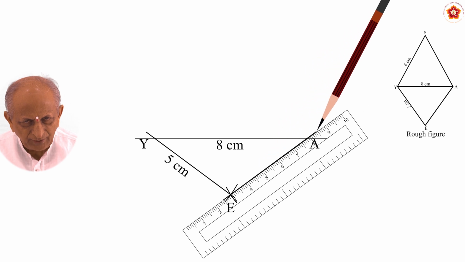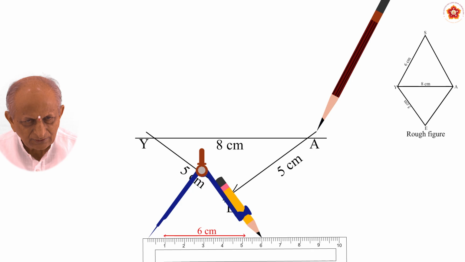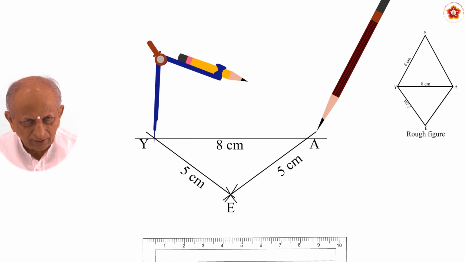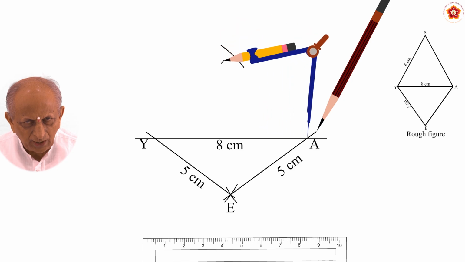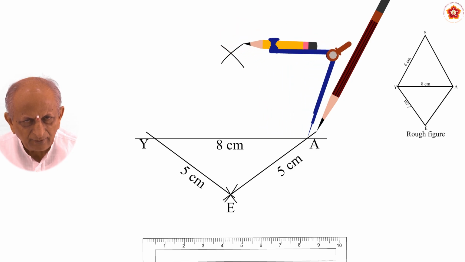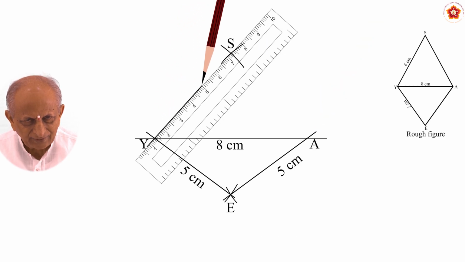Why are you doing this? We know that the diagonals bisect each other at right angles. So similarly, draw two arcs from Y as center and A as center. These two arcs meet at a point called S. Join YS and AS.